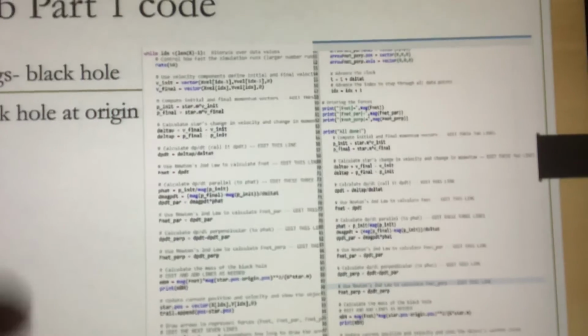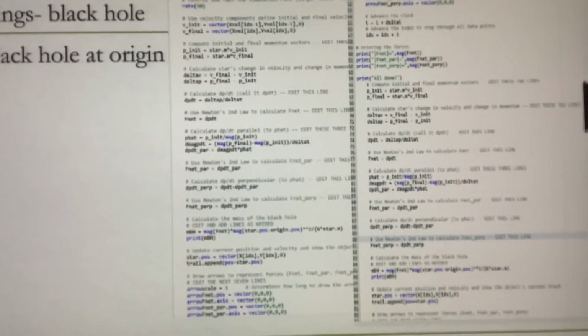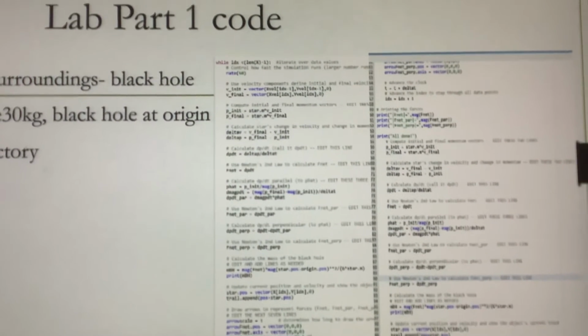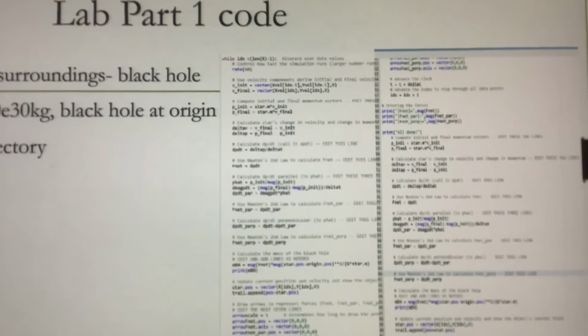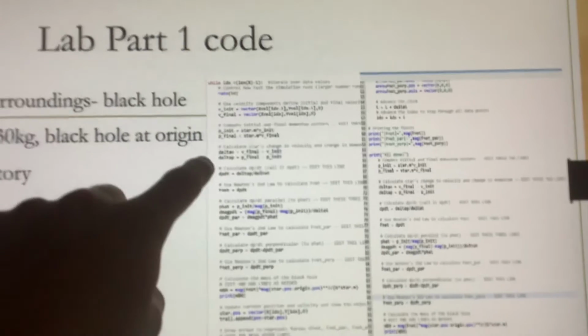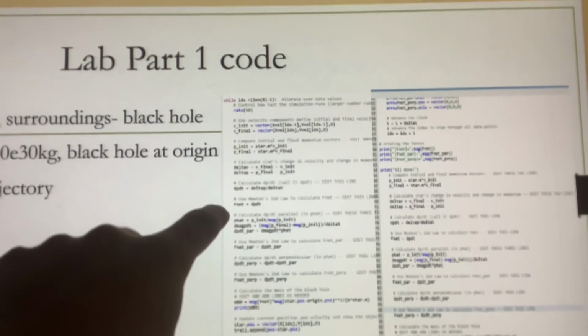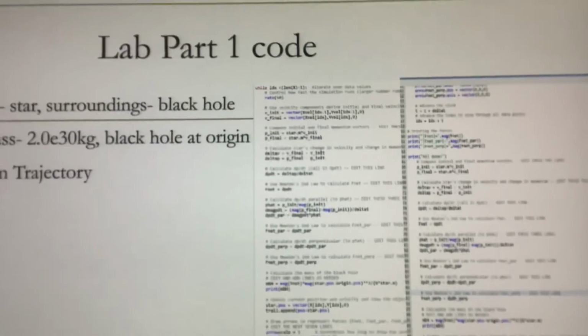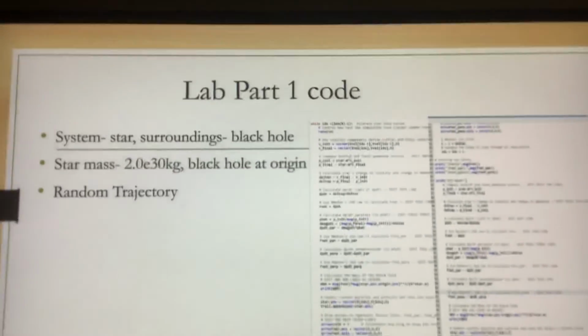From there, for the second part of the data, you can calculate the mass of the black hole, which is based off the gravitational law, and you find the net force itself because it is equal to the change in momentum. By finding the change in momentum, which is equal to the net force, you can do some algebra to find the mass of the black hole.